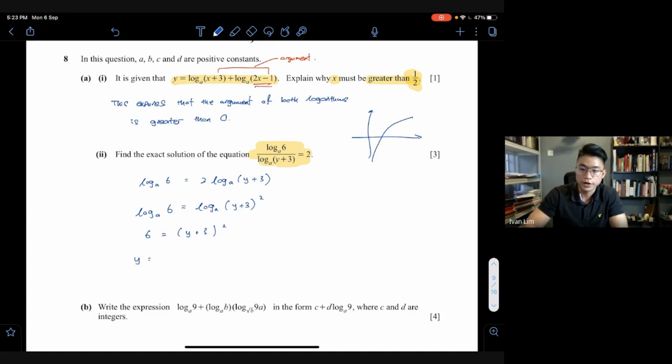Then you shift your negative 3 to the other side, so it'll be y equals minus 3 plus root 6, and y equals minus 3 minus root 6. However, my y value cannot be negative, right? Minus 3 minus root 6 is a negative value, so this one you reject. So this will only be your final answer: y equals negative 3 plus root 6, because we need our y value to be positive.